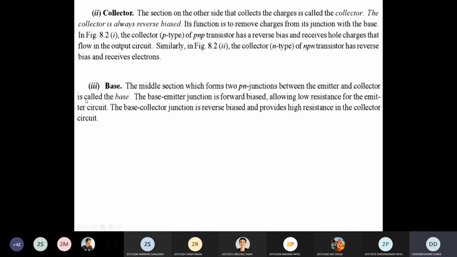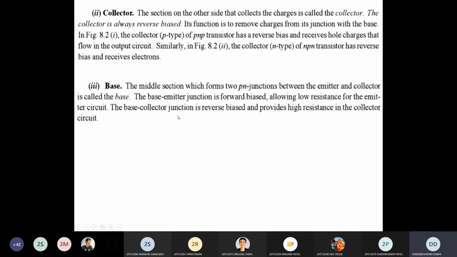Now the base, the middle section, forms the two PN junctions between the emitter and collector. So that is called the base. And as we already discussed, the base-emitter junction is always forward biased. As we know, when any junction is forward biased, its resistance is very low. Clear? So that's why the base-emitter junction resistance is very low.